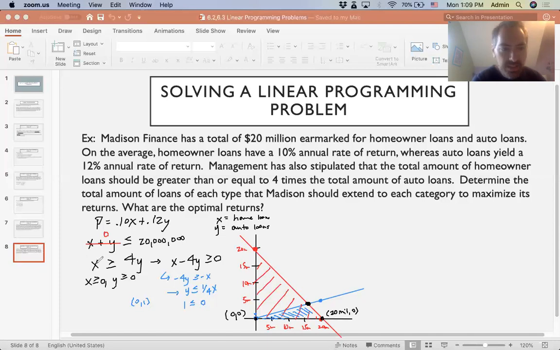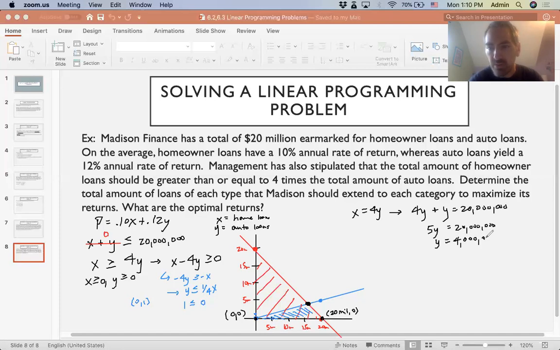Since I have x greater than or equal to 4y, I can use that as my substitution into my first inequality, x plus y equal 20 million, replacing the x with the 4y, so that's 4y plus y equal 20 million. And solve for y. 20 million divided by 5 is 4 million. So when y is equal to 4 million, x would be equal to 16 million.